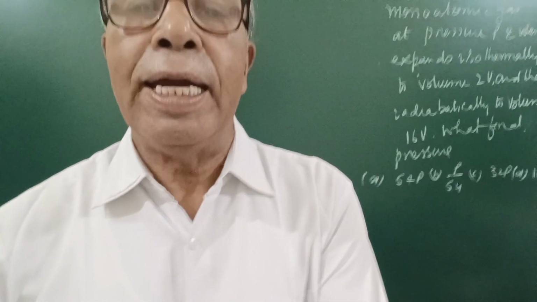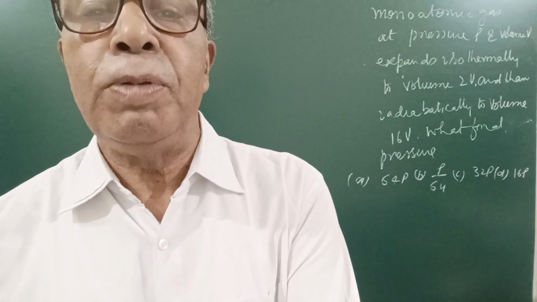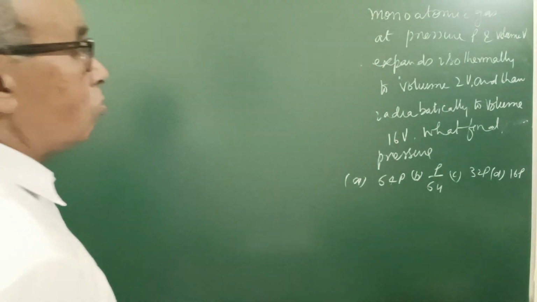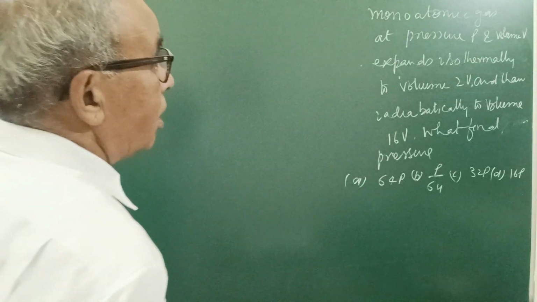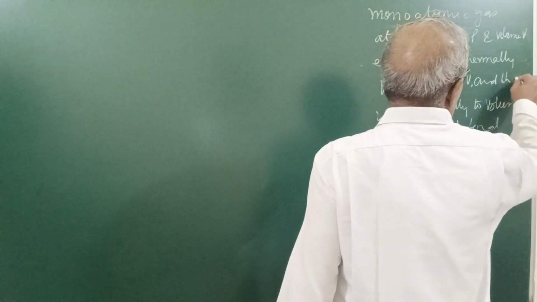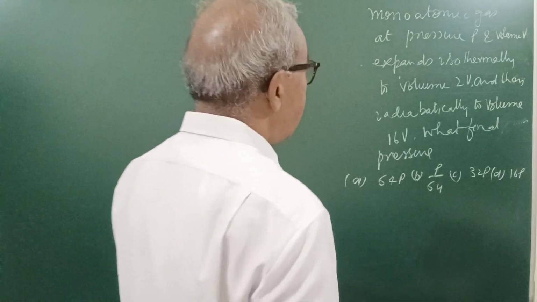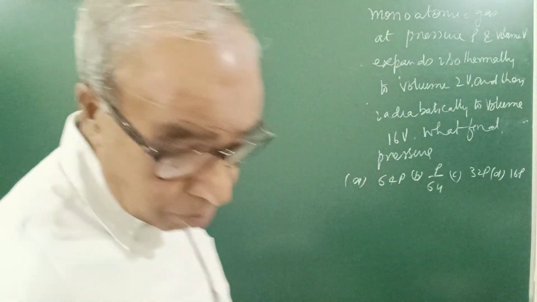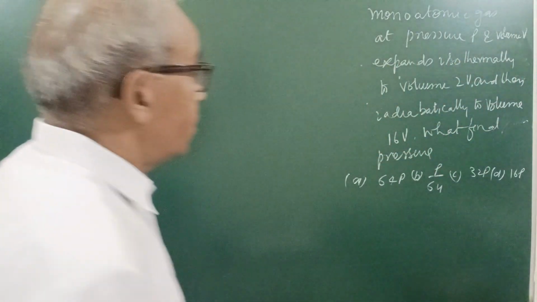So monoatomic gas at pressure P, volume V, expands first isothermally to volume 2V and then adiabatically to volume 16V. What is the final pressure?